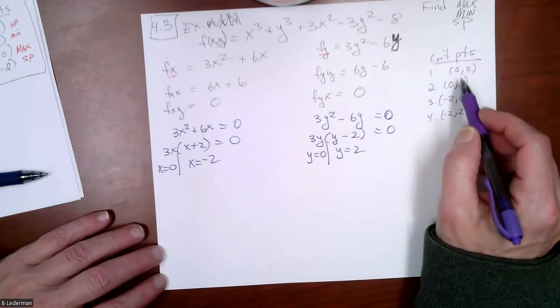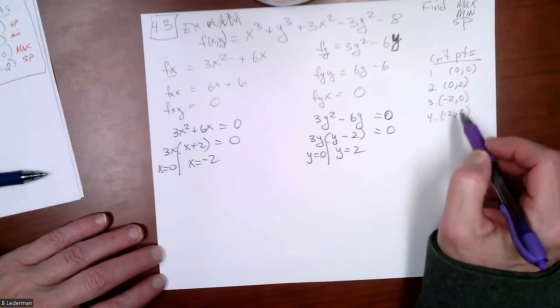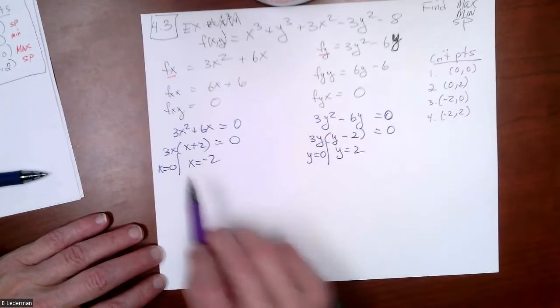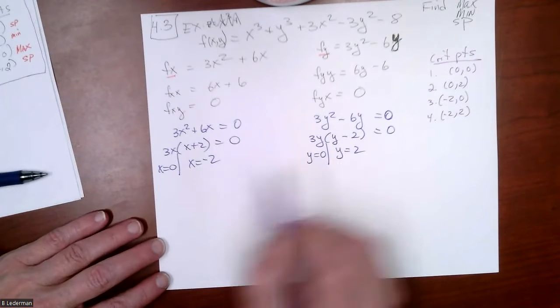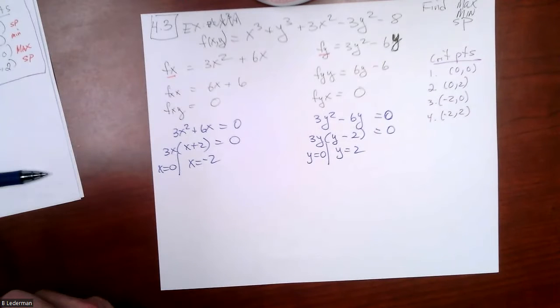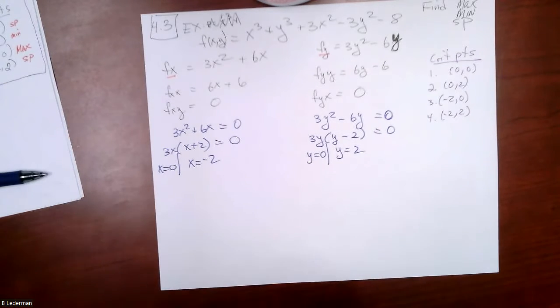So now between these four options, these possibilities, I basically have every combination of fx and fy being equal to 0. It's all good. Now you have to test these critical points because, as you remember, just like when we did functions of one variable, in order to be a max or a min or even a saddle point, it has to be at a critical point.